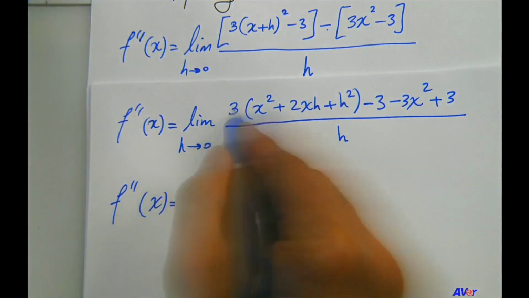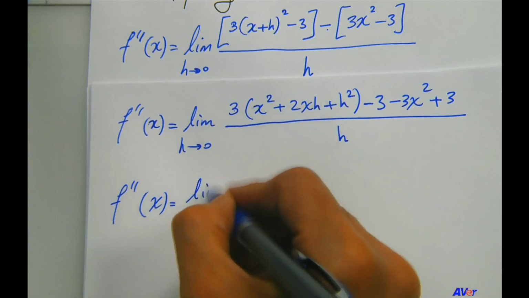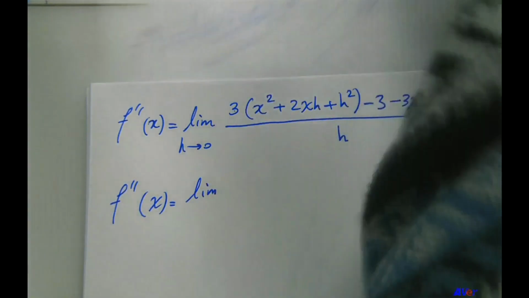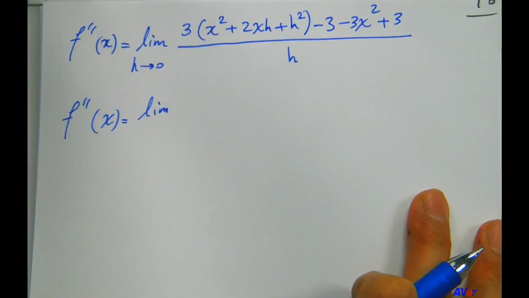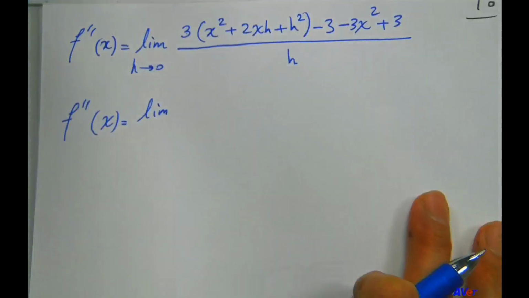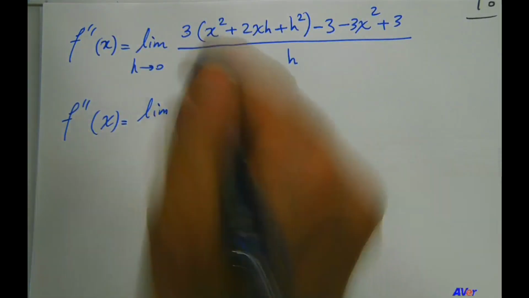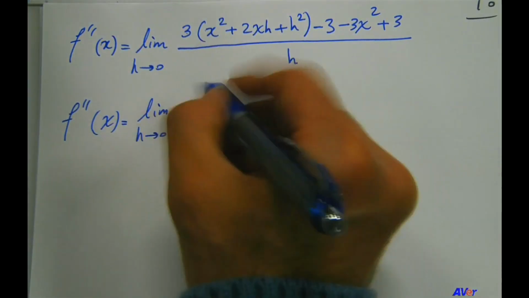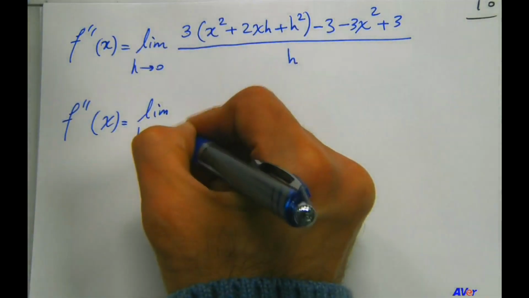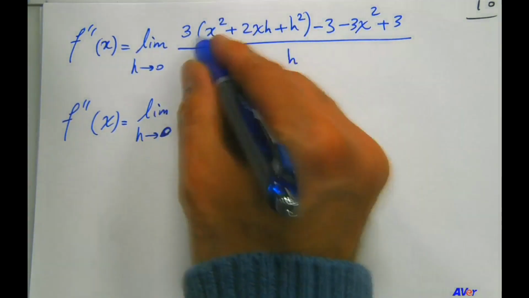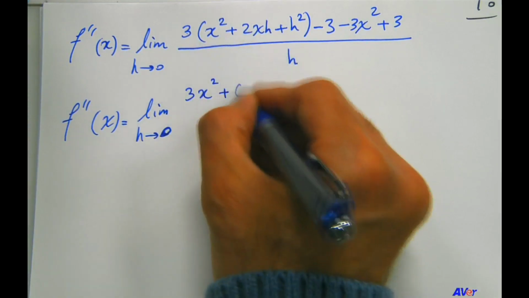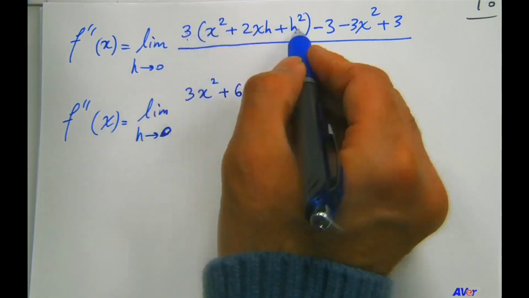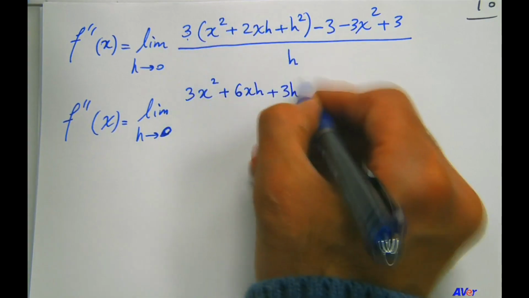So let's distribute that 3 to everything. And by the way, we don't need this sheet anymore. All right, so we have 3x squared. 3 times 2xh is 6xh. 3 times h squared is 3h squared, right?